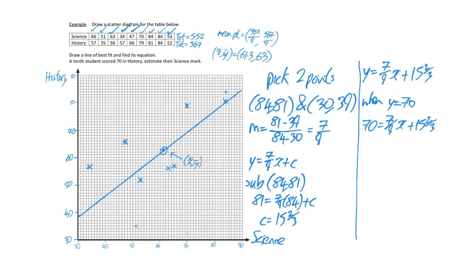With a wee bit of working out, 70 minus 15 and 2/3 is equal to 7 over 9 times x. Divide across by the 7 over 9, and what you will get is 69 and 6/7.